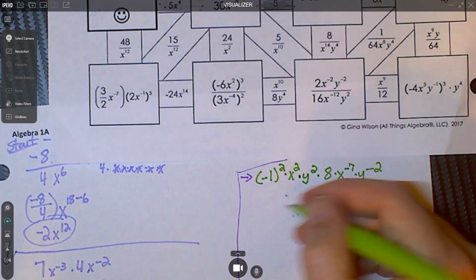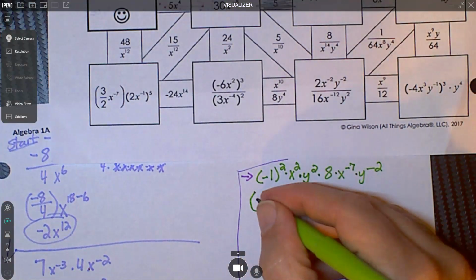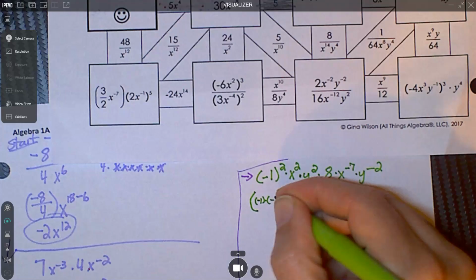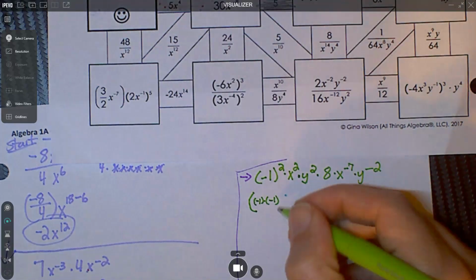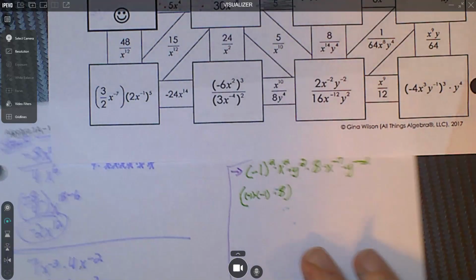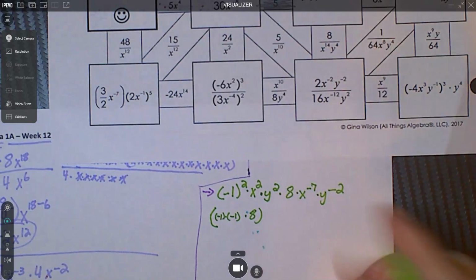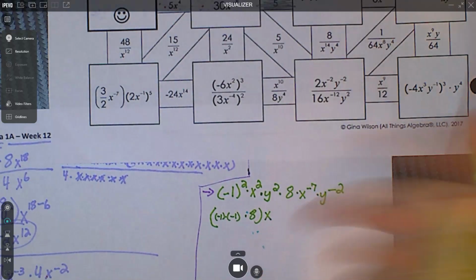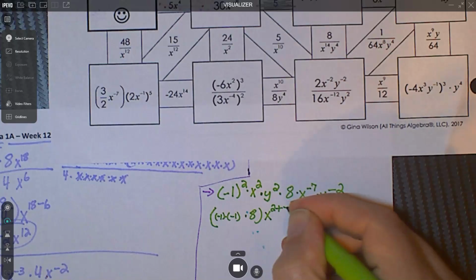Okay. So this means do negative 1 times negative 1 times 8. Those are the coefficients. When you multiply two powers, you add their exponents.